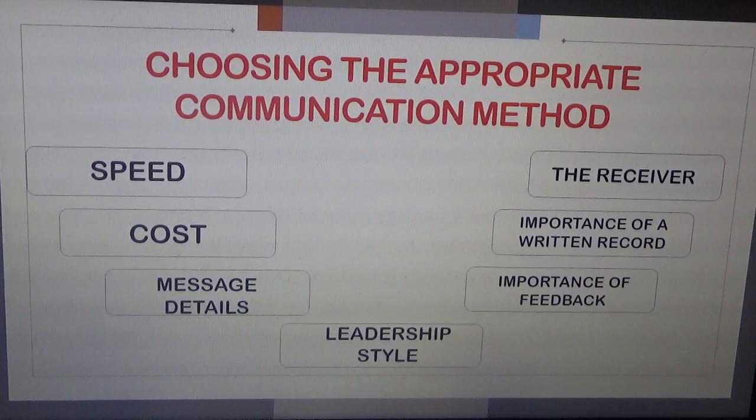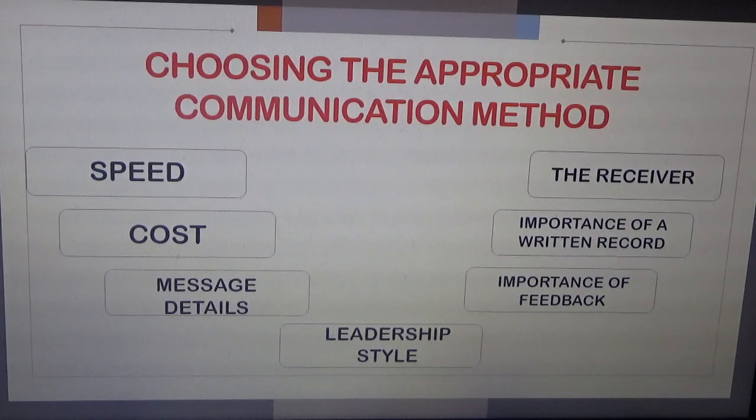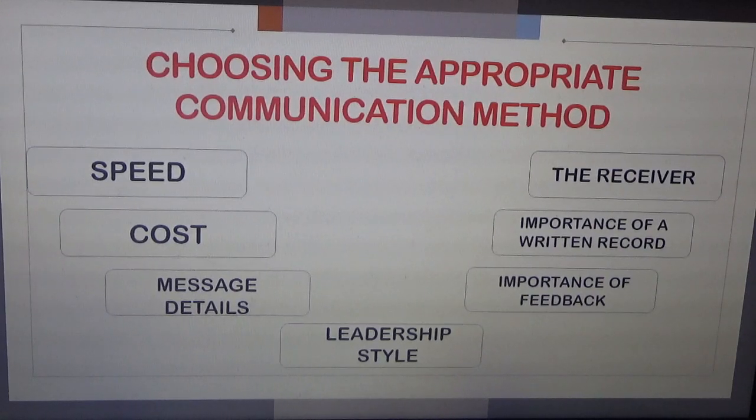Leadership style, is the leadership style democratic one? If it is, then two-way verbal methods of communication with employees are much more likely to be used than they would be by an autocratic leader.